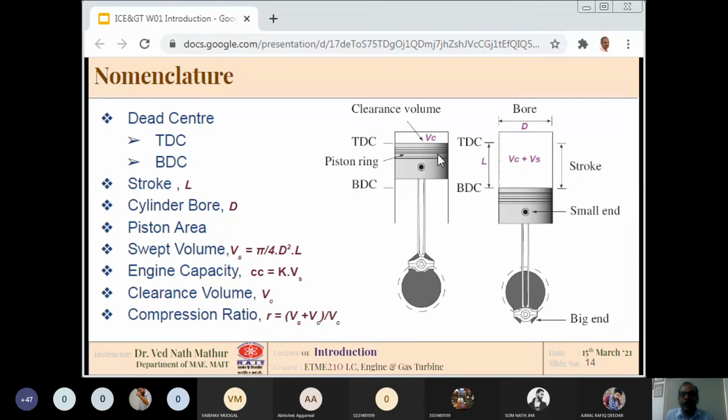This is also called the cubic capacity of the cylinder. And if you have, say, 4 cylinders, then Vs is the cubic capacity of the single cylinder, and if you have 4 such cylinders, then the cubic capacity of the engine is 4 times the swept volume of the single cylinder.